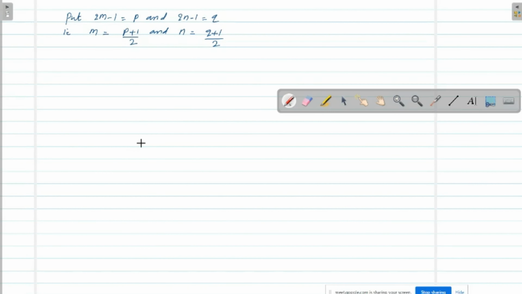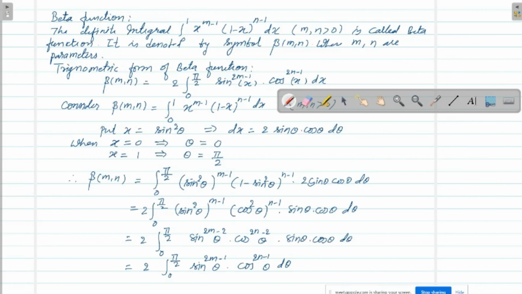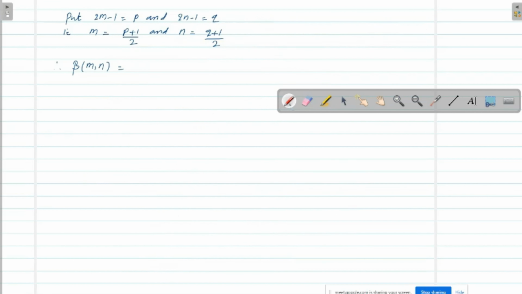Then we will have beta of mn equal to 2 times the integration with limit 0 to pi by 2, not pi, 0 to pi by 2, of sine p theta into cos q theta d theta.